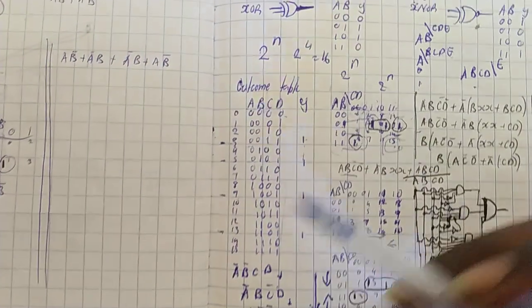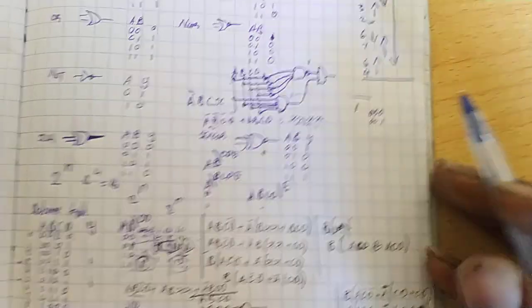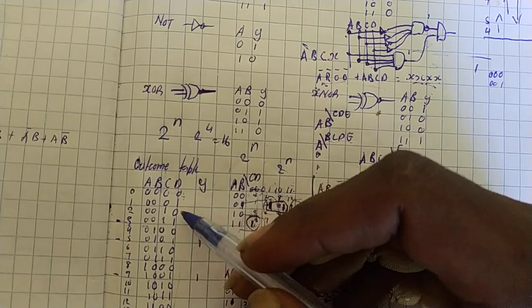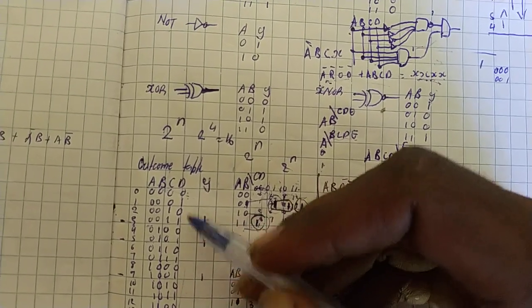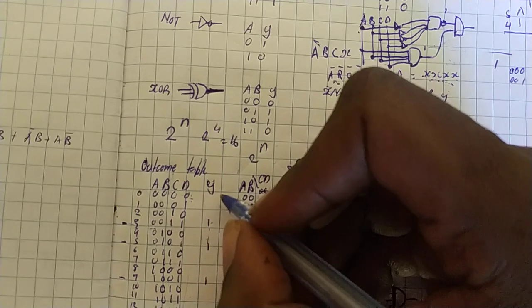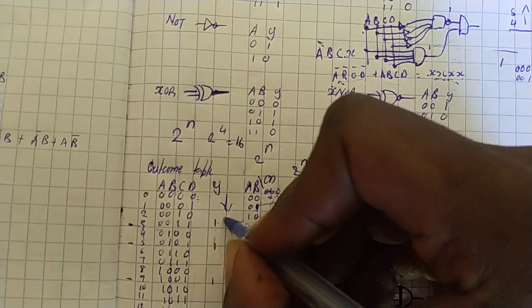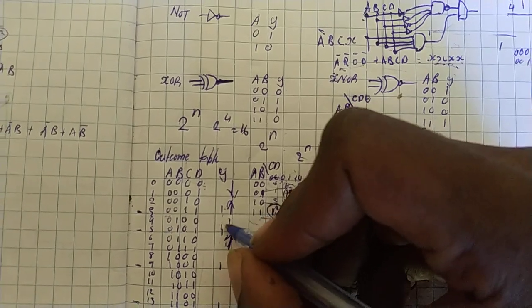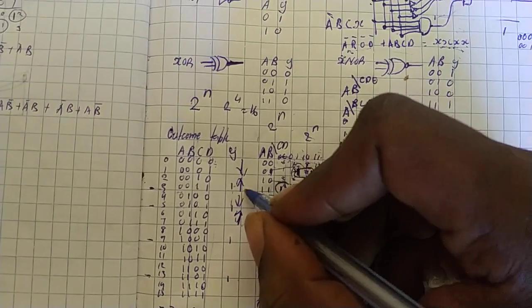But if it was Gray code numbering, you switch, you flip. So if it was Gray code numbering, it would have gone like this for the first two, and then for the second. You see, it's a mirror here.